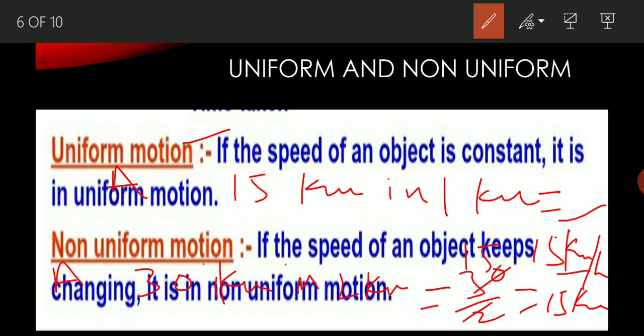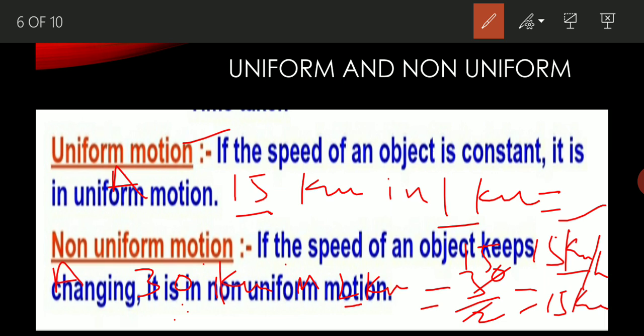Or we can say that if the car is covering the same distance in each given time, it is moving with uniform motion. In 1 hour it travels 15 kilometers, in 2 hours it travels 30 kilometers, which means in the next hour also it travels 15 kilometers.